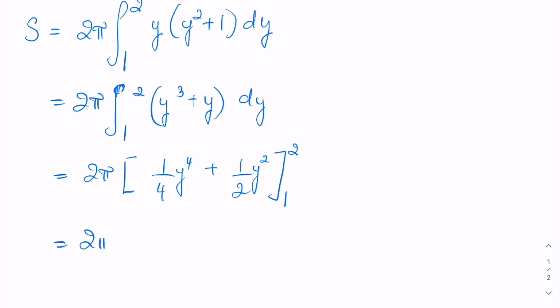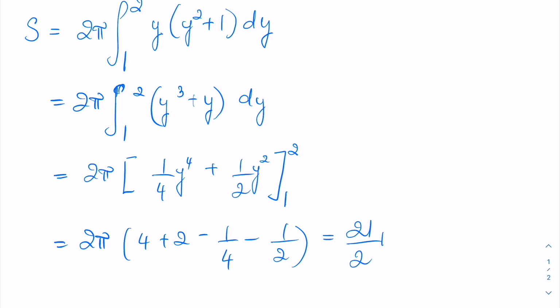And then when you evaluate, you ended up with 4 plus 2 minus 1/4 minus 1/2. So the answer is going to be 21 over 2 pi. And that's the surface area.